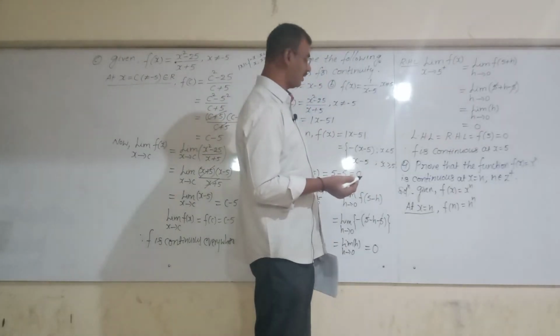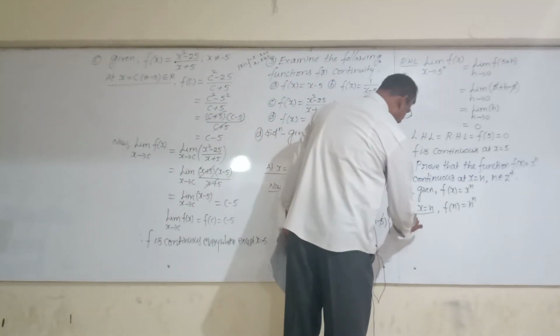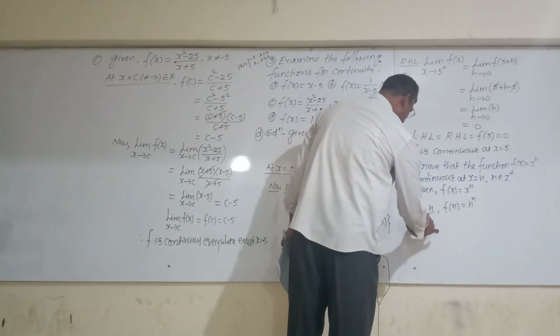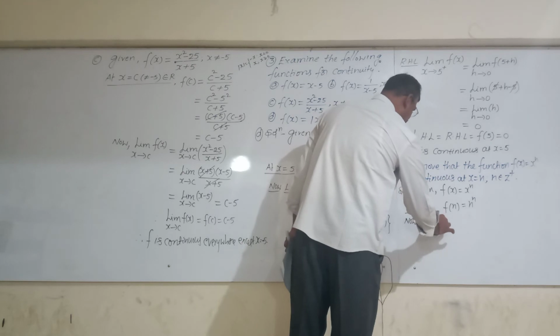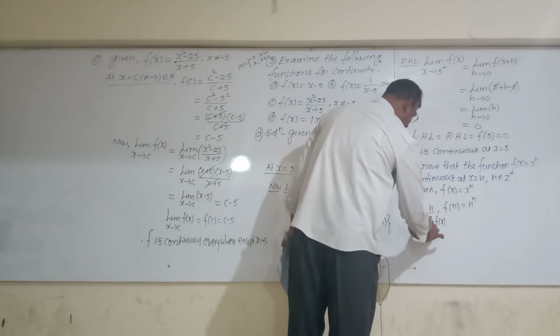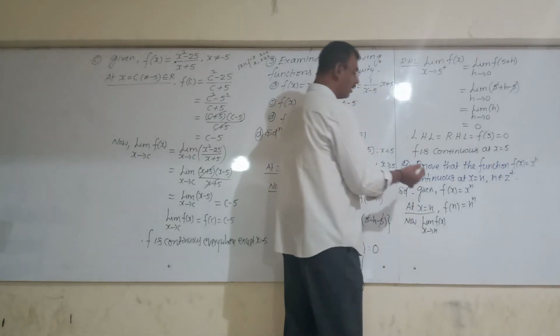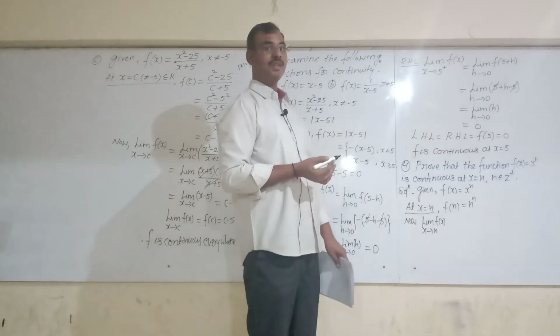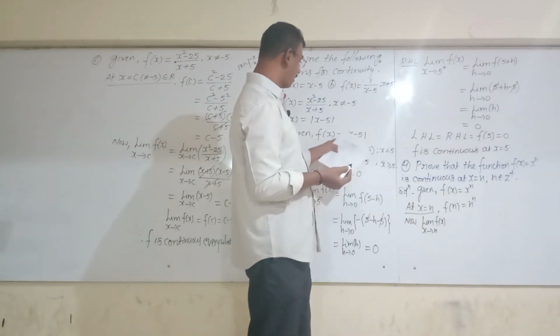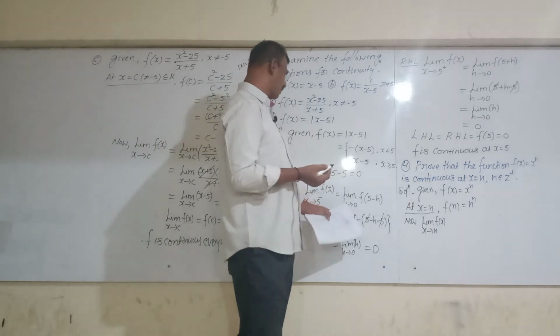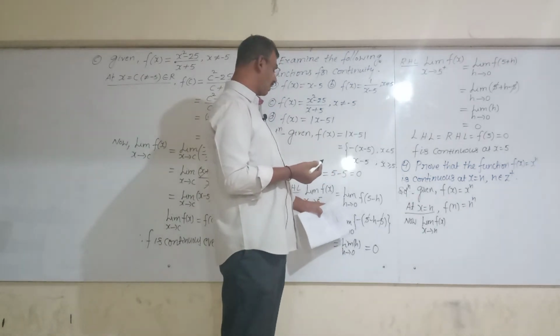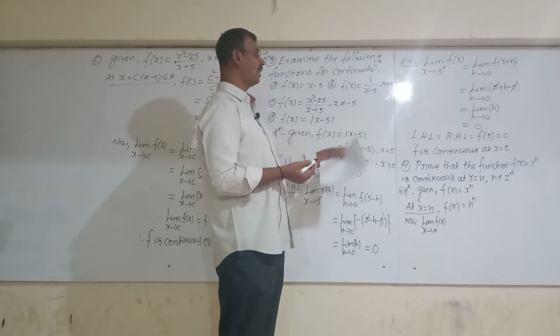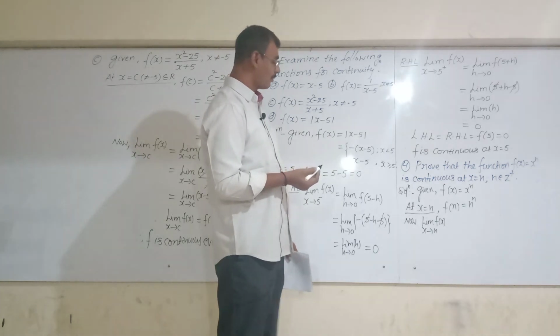It is a constant. Now find the limit of f of x as x approaches n, because we do not have any breaking conditions. Where there are breaking conditions, we find the left hand limit and the right hand limit, and finally we prove the answer.